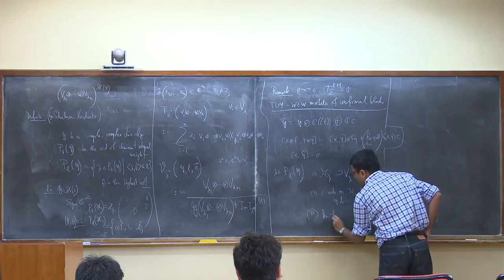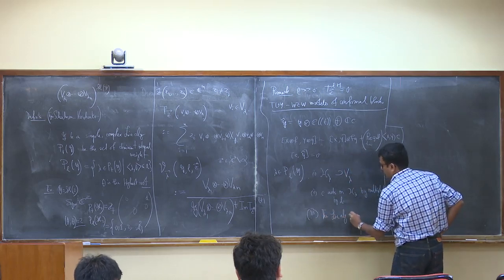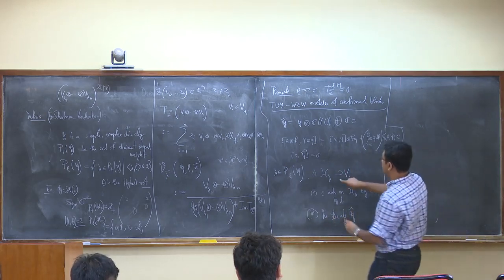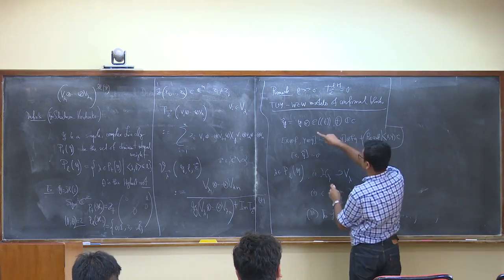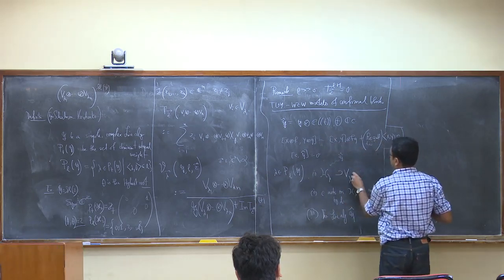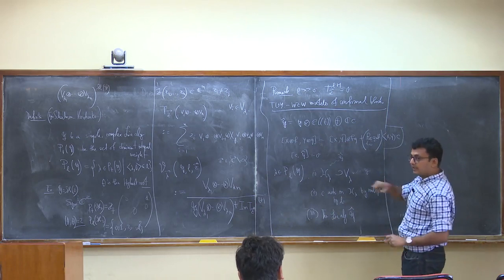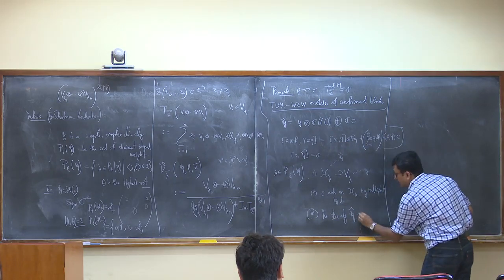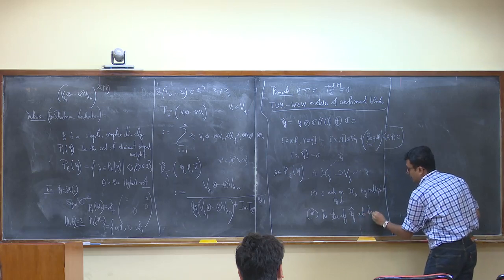When you write V lambda, that's your Lie algebra representation. H lambda is the full module. This is a representation of g-hat, and this is a representation of g. This is the 0 level. So the Lie algebra acts locally nilpotently.